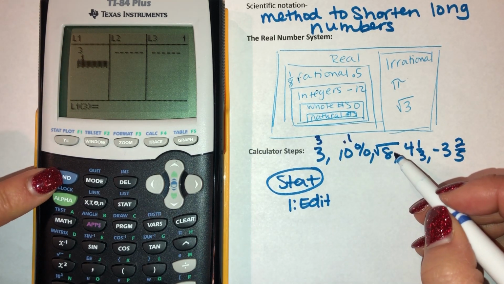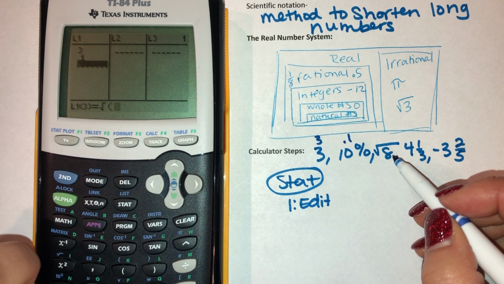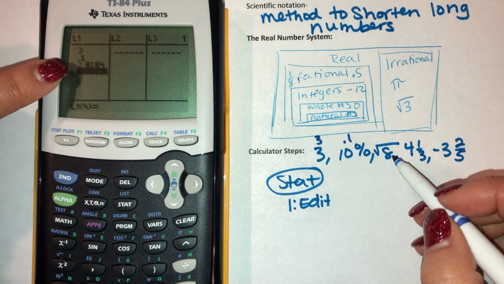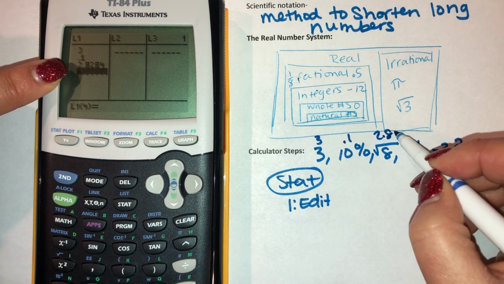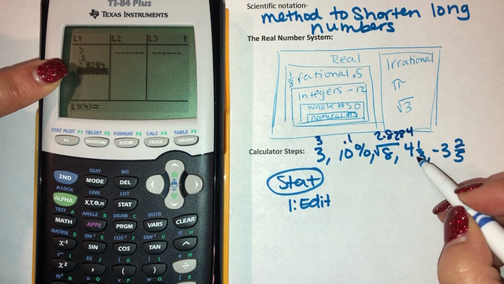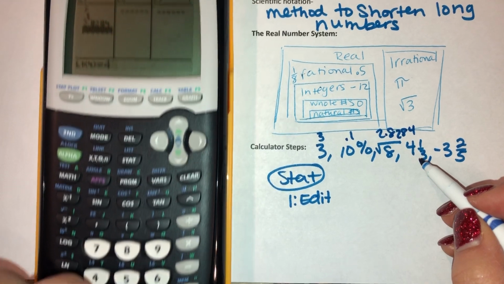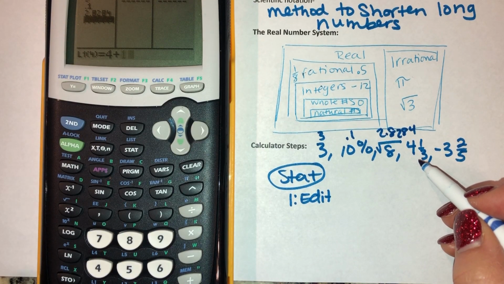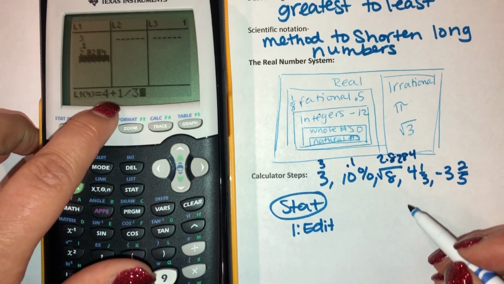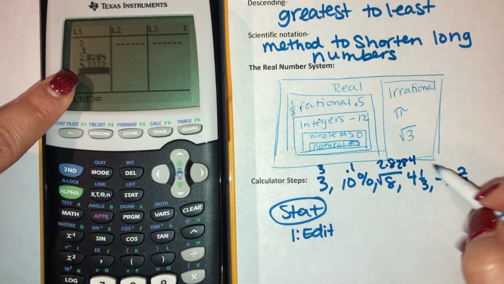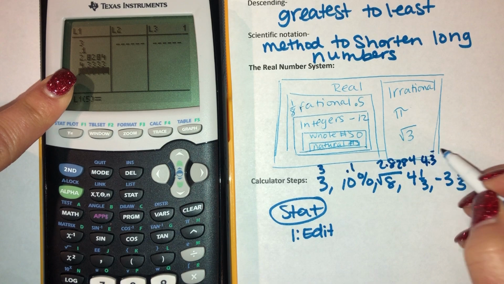Then you'd go second, square root, 8, enter, and it changes it to 2.8284. When you're doing a mixed number, 4 plus 1 divided by 3, so that puts it in like that, and that changes it to 4.3 repeating.